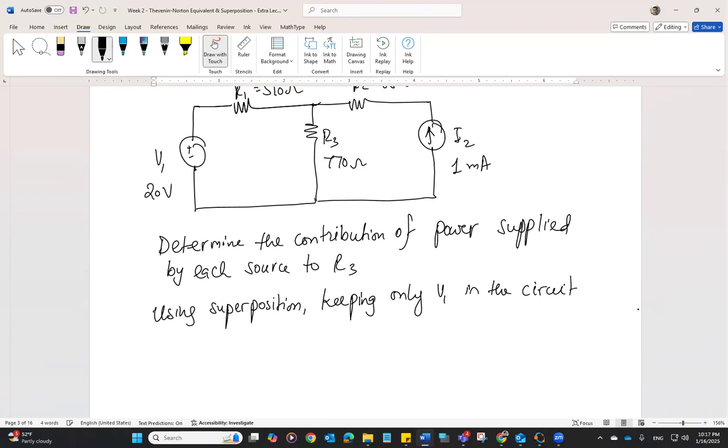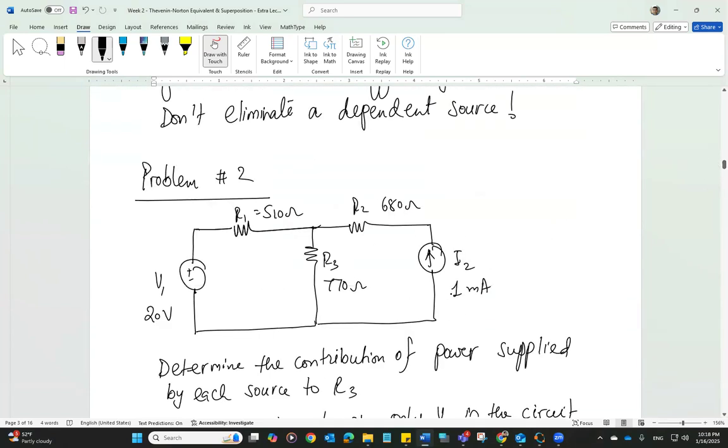So when we keep V1 in the circuit and eliminating I2, that is open circuit I2, of course, current sources are made open circuit.